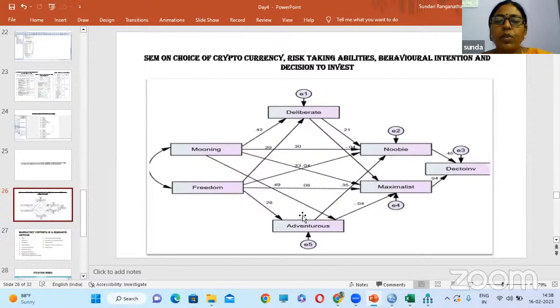So mooning to newbie is 30%. Mooning to deliberate risk-taking and then newbie is 21%. Straight away, without bothering about the risk-taking abilities, the relationship is 30. The influence of mooning attitude is 30% on the newbie kind of behavioral intention.